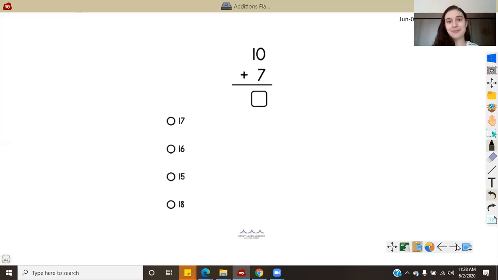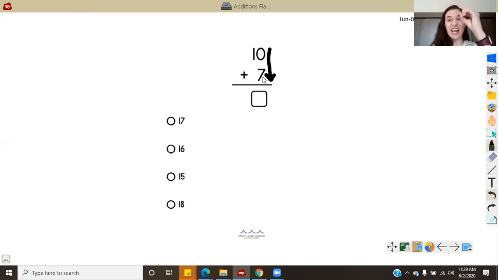All right, scholars, now that you did the exit ticket on your own, it's time to check your work. So I have 10 plus 7. Now, remember, you do your ones first, and you add them down. So 0 plus 7.